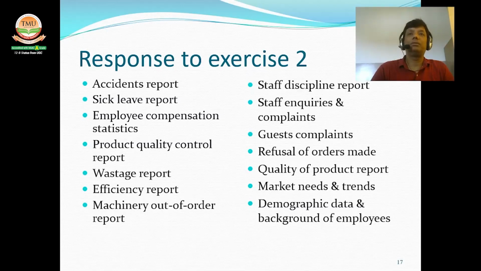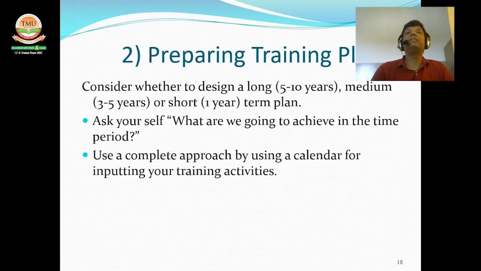Now this is point 2, preparing a training plan. Consider whether to design a long-term plan of 5 to 10 years, medium-term of 3 to 5 years, or short-term of 1 year. First of all, ask yourself, what are we going to achieve in the time period? Next, use a complete approach by using a calendar for inputting your training activity.